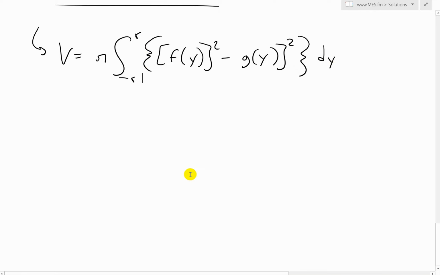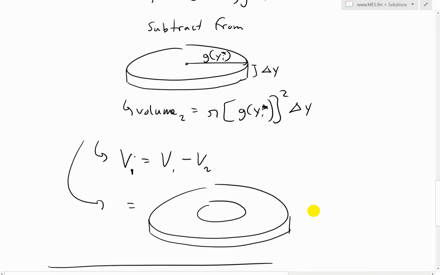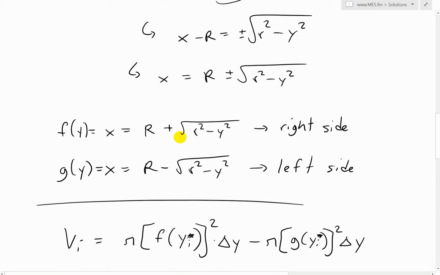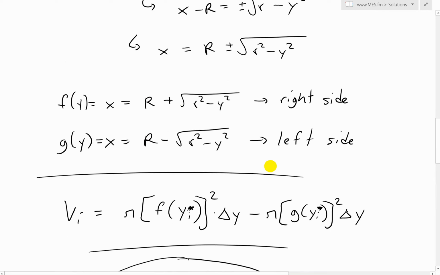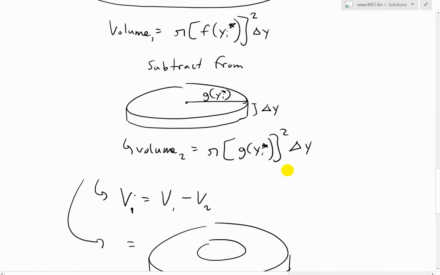So, now that we've set this up, we can just plug the formulas in and start integrating. The formula for f of y is r plus the square root of r squared minus y squared, and the other one is the minus version for g of y.